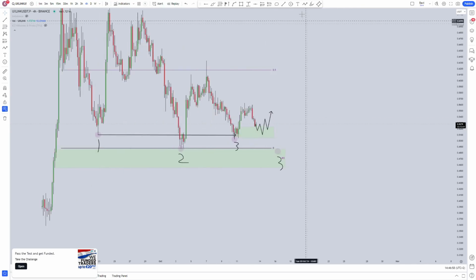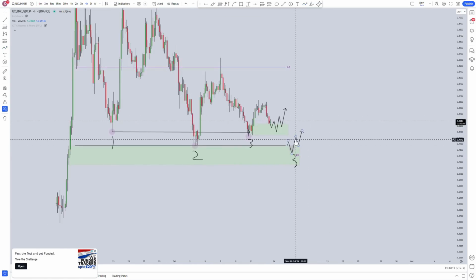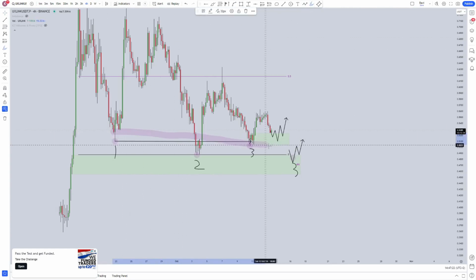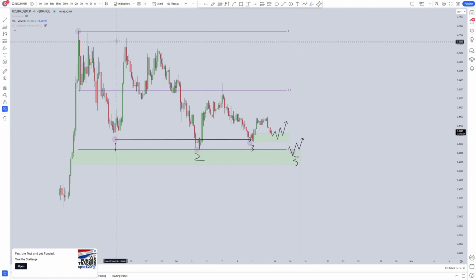So from here on out, I want to see the same situation here. I want to go below that range, deviate this number 2, then push in the range again, preferably with a lot of volume. And then after we made that change of character here, it's a really strong model, because it would indicate enough liquidity grabbed on the bottom side, plus all the lower highs stacking up in a little compression.